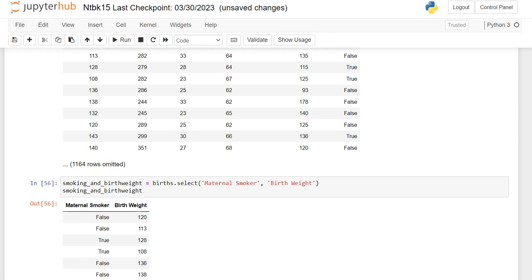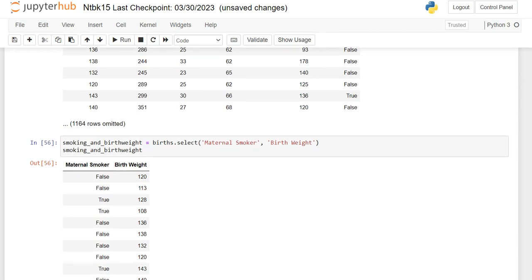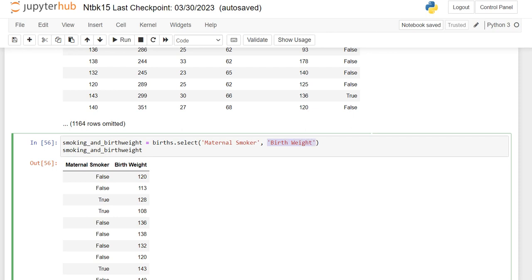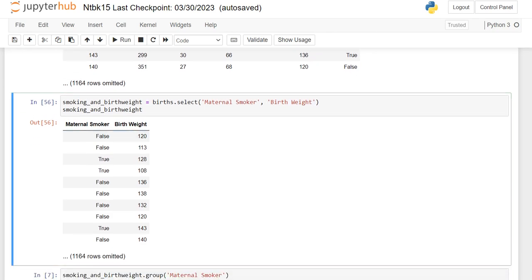Preemies and babies who are underweight at birth might be considered less healthy or at more risk. So birth weight is just being used as a rough proxy for the health of the child. So what are we going to do? We're going to compare whether the maternal smoking status, true or false, has anything to do with birth weight.